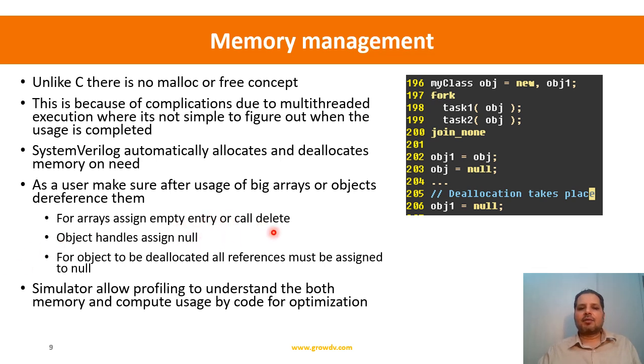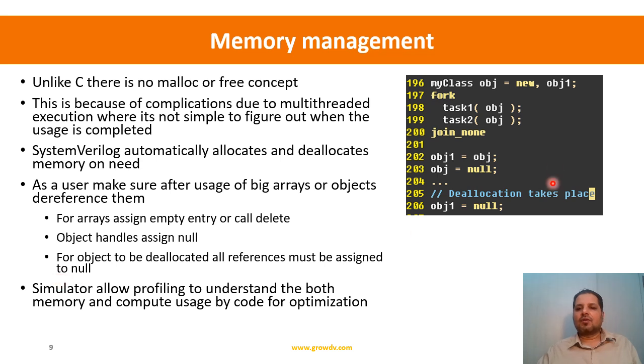And for object handles, after you are done with the usage, you can assign null. And for objects to be deallocated, as we have seen previously in the context of the driver and generator interaction analogy, it gets deallocated only after all the references are assigned to null.